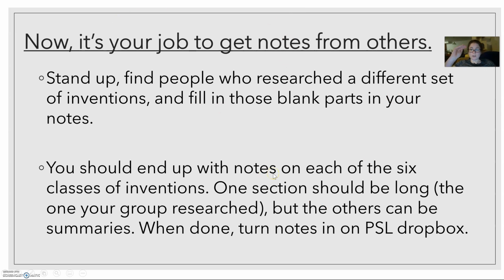So we should have communications, summary, transportation, summary, etc. for all 6 of them. One section of notes should be detailed. The other 5 can be summaries. I hope that is clear.